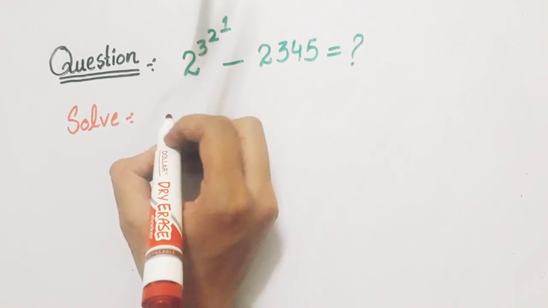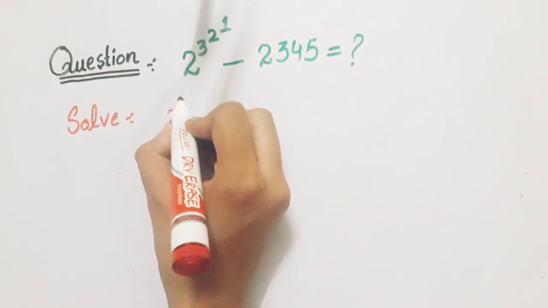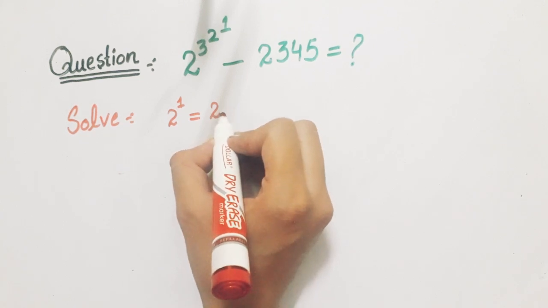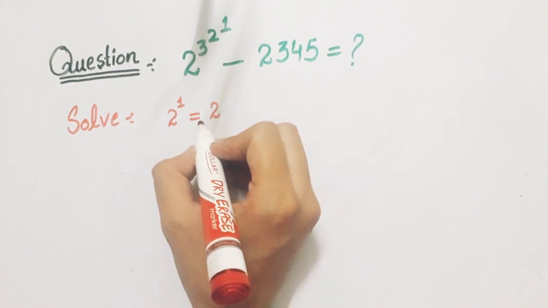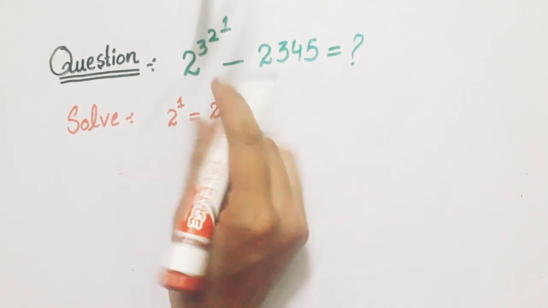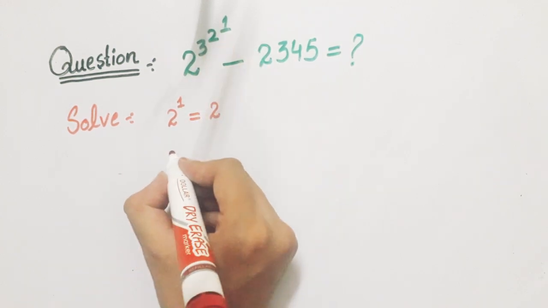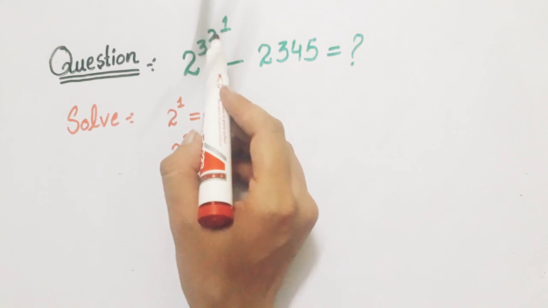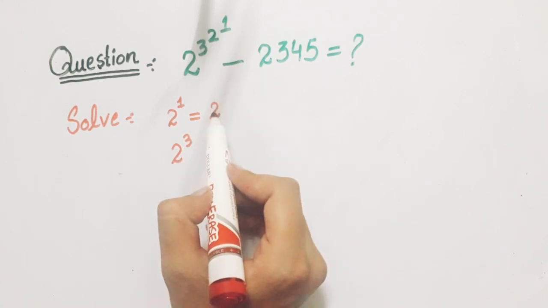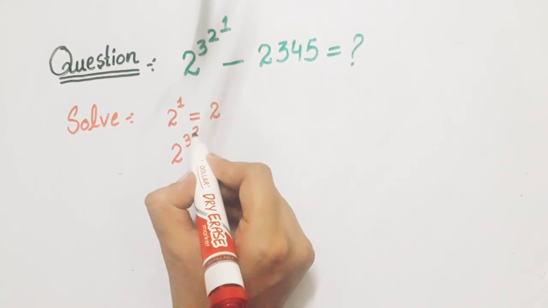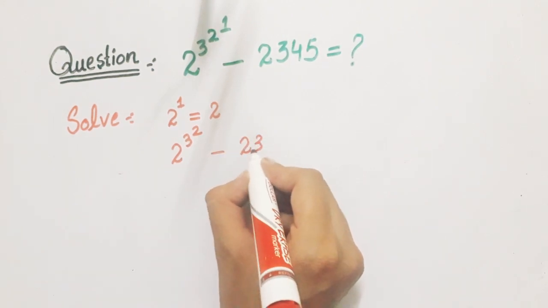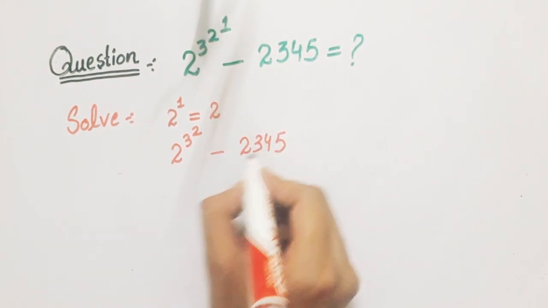So first of all, 2 raised to power 1 equals 2, and then we will use this here. 2 raised to power 3, so 2 raised to power 1 equals 2, so we will write this as 2, minus 2345.